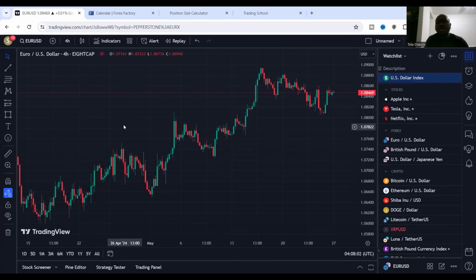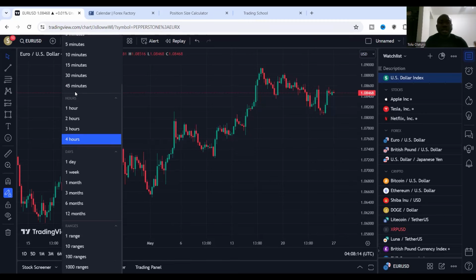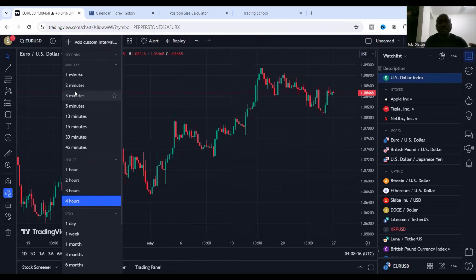The second thing you need to do that will help you to avoid overtrading, stop overtrading, is the time frames. We have so many time frames that traders are looking at today. Don't forget that these time frames help to determine the type of trader that you are. Scalpers are using the 1 minute, 5 minute, 15 minute time frames.